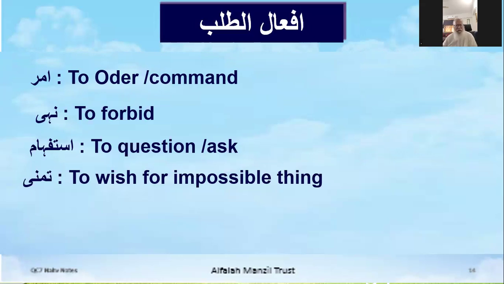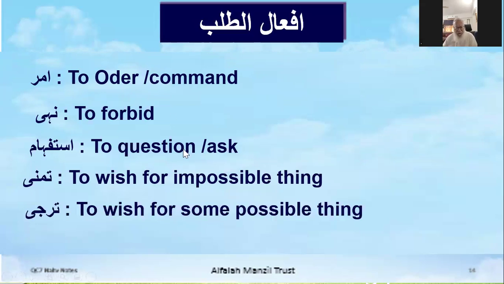It's not possible for him to be a teenager or below. So that is called tamanna. He can wish, but this thing will not happen. Tarji is to wish for a possible thing. Say that a person says, I may have some food.